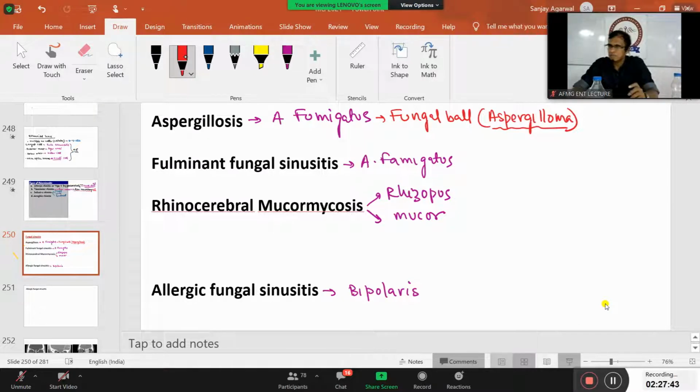Ball of fungus. All the fungus will accumulate together and become a ball. And what do you have to do now? Just remove this fungal ball. So, excision of fungal ball. All you have to do is excision of fungal ball.